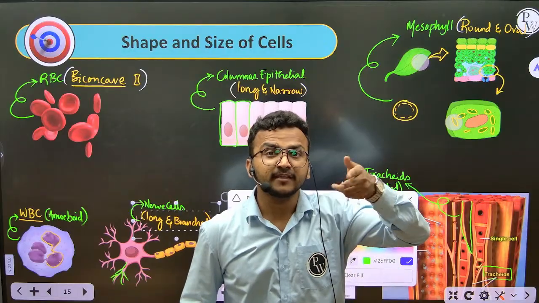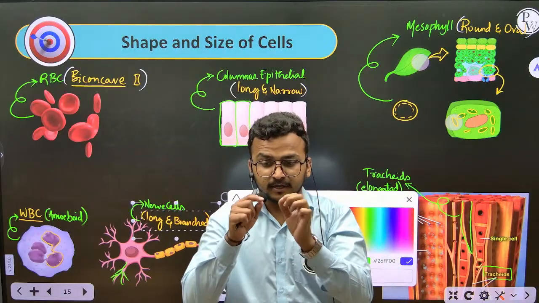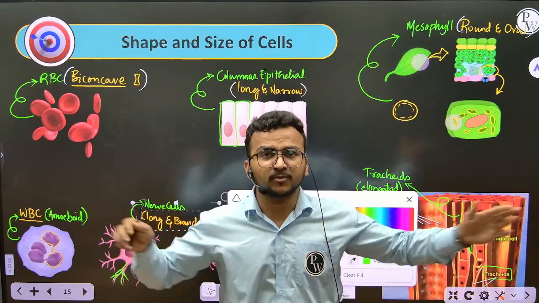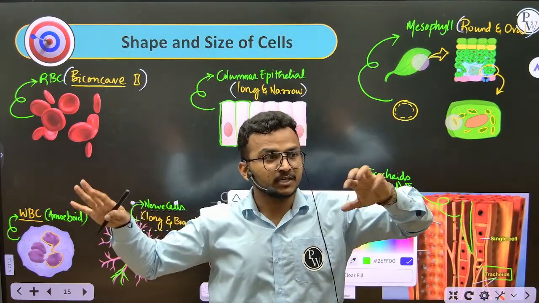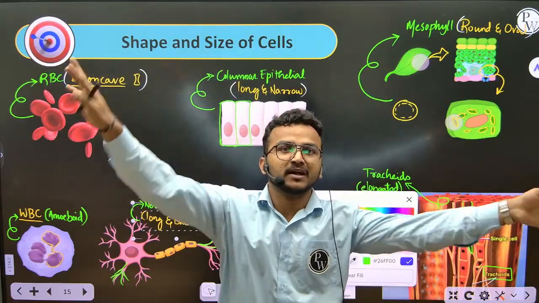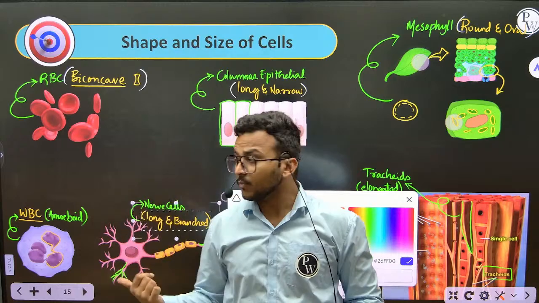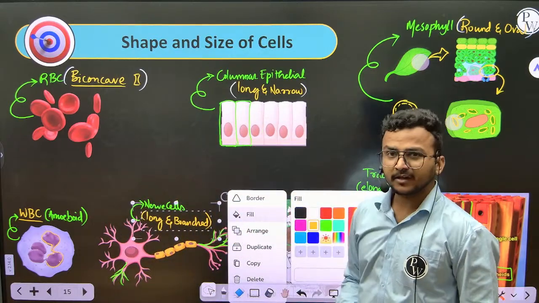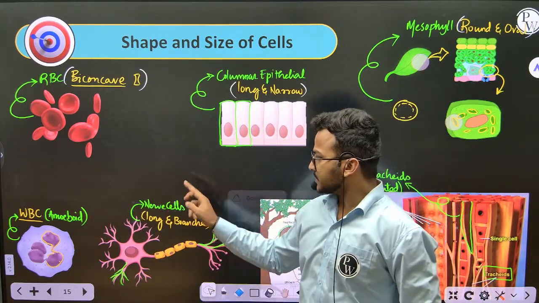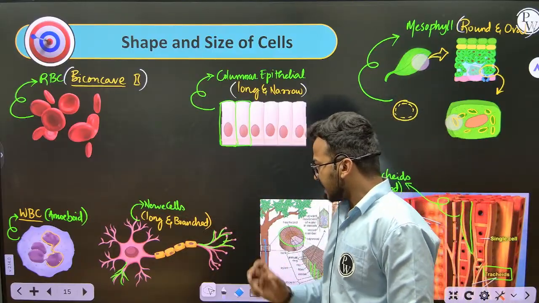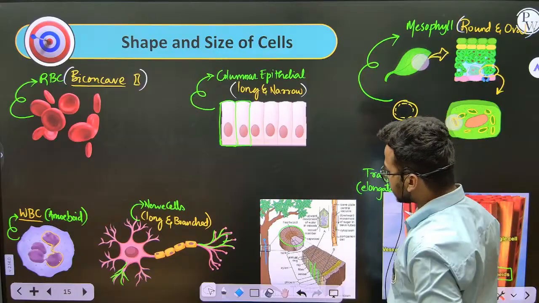So to send signals, how should a cell be? The cell should be long and branched. If it is branched, it can pass the information very quickly. So the cell modifies its shape based on its function. Their function is to send and receive signals, so that's why it is long and branched here.